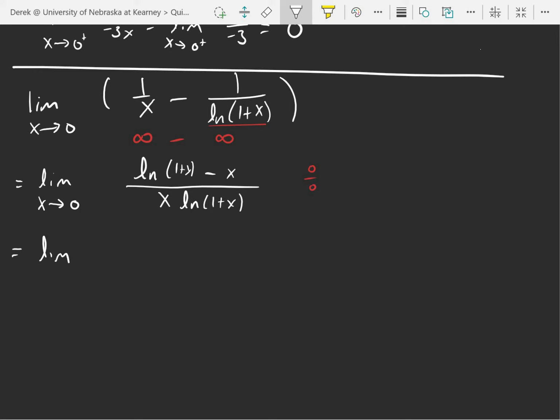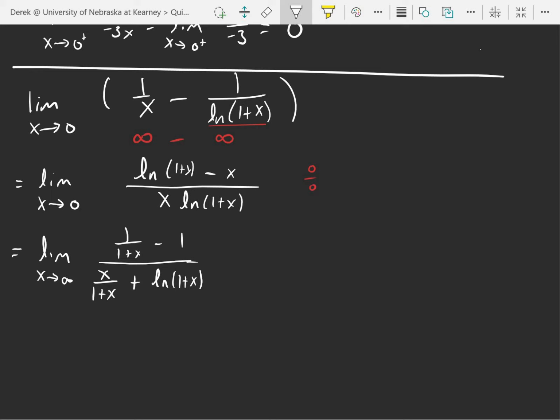I get the limit as x goes to 0, 1 over 1 plus x minus, well, the derivative of x is 1, and then down here I'm going to have to use the product rule. So I've got x over 1 plus x plus natural log of 1 plus x.